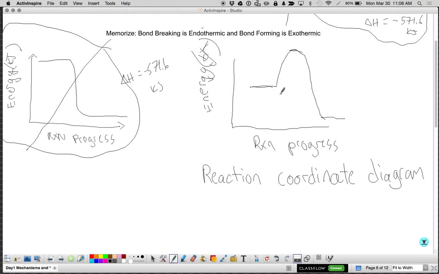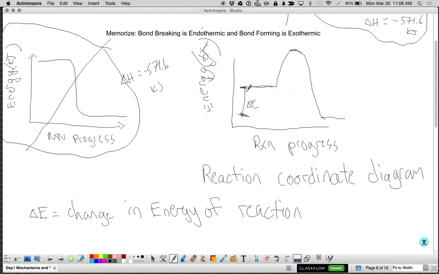So this change from your reactants to your products, this is delta E, the change in energy of reaction.